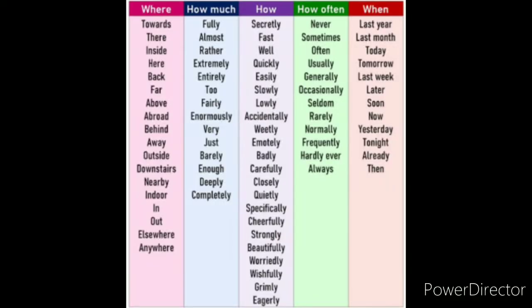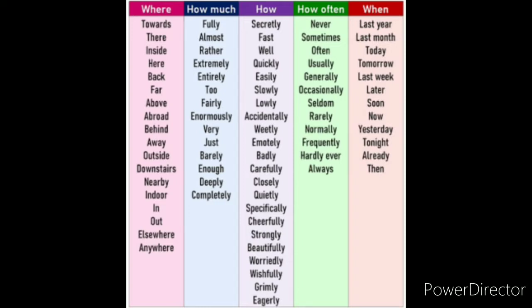Now learn some more adverbs. First we will see the category of where. These are the adverbs that tell us about the place. Adverbs of place. They may be towards, there, inside, here, back, far, above, abroad, behind, away, outside, downstairs, nearby, indoor, in, out, elsewhere, anywhere, or the name of the place also.